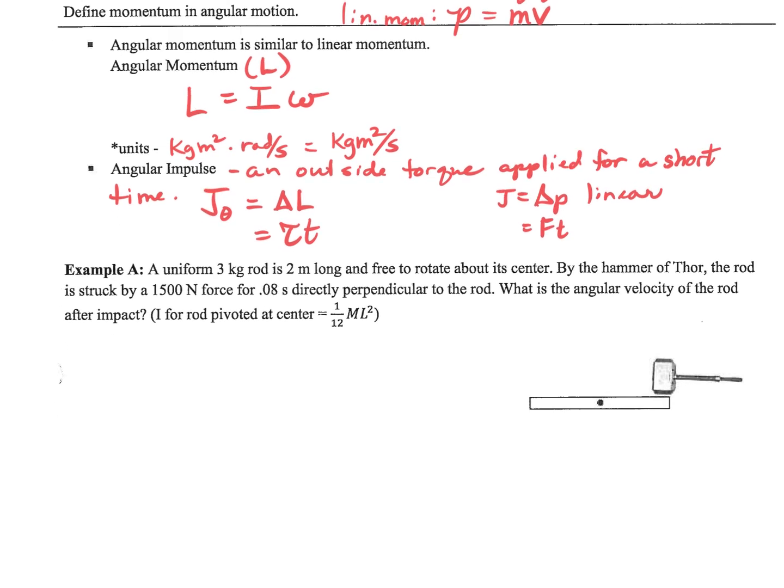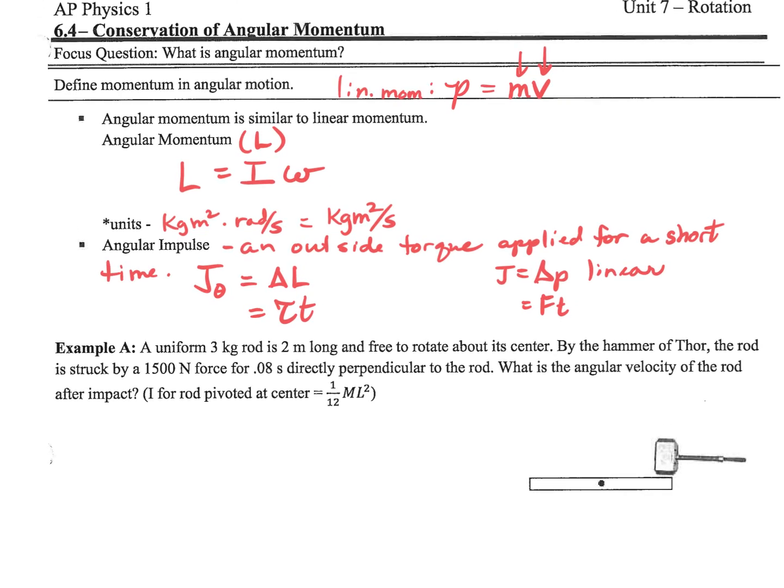So angular momentum, however, is ruled, if you notice, by both the inertia and the angular velocity. So as I goes up, L goes up, or as our angular velocity goes up, angular momentum goes up.